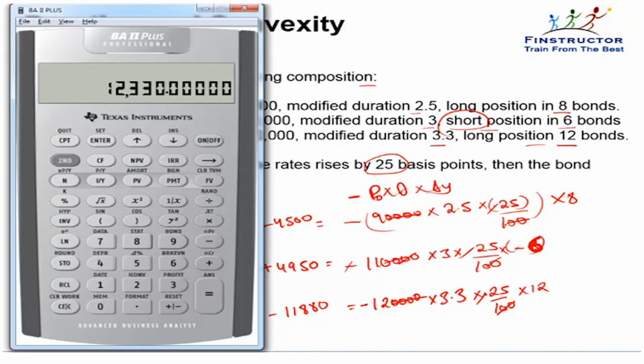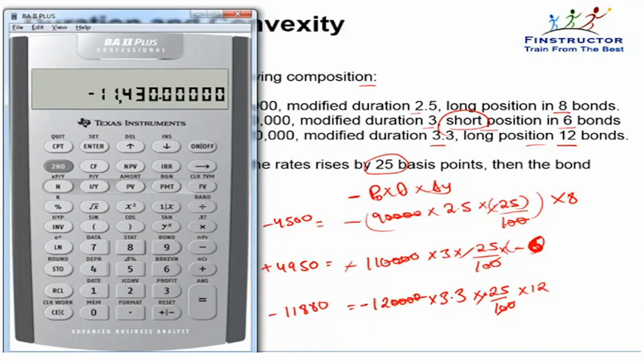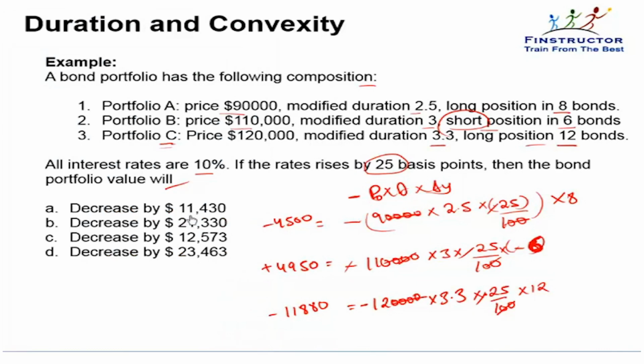That is a fall of $11,430. So the value of the portfolio in this case will decrease by $11,430.